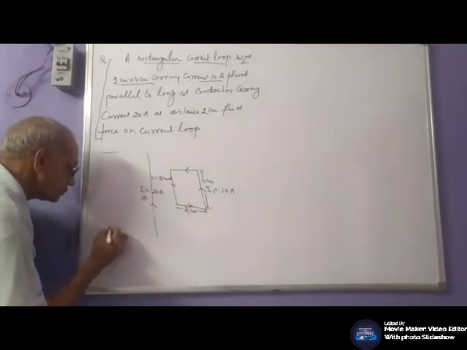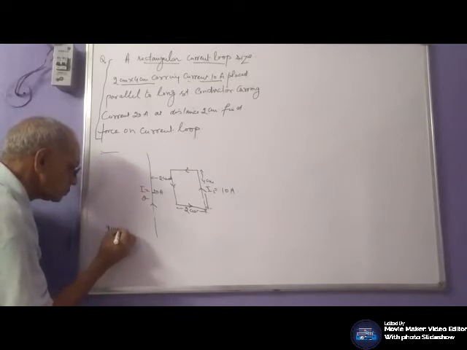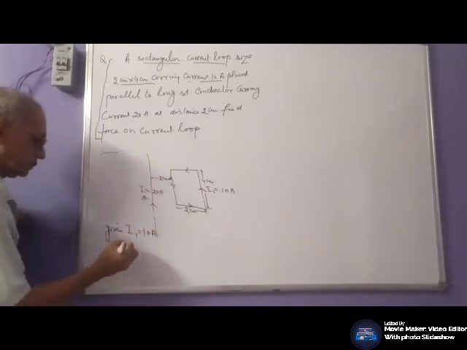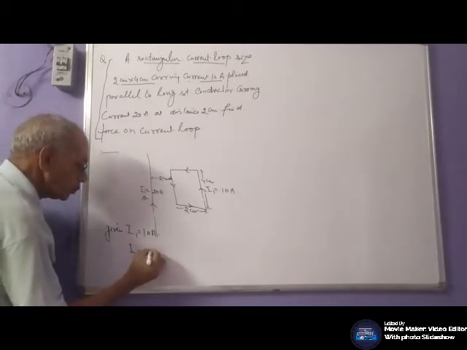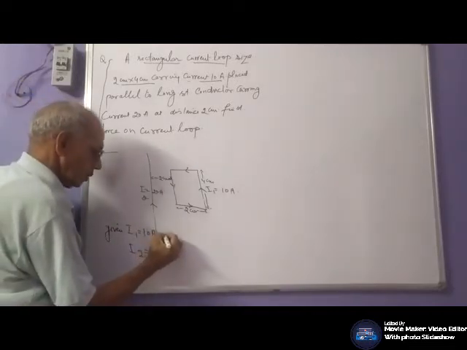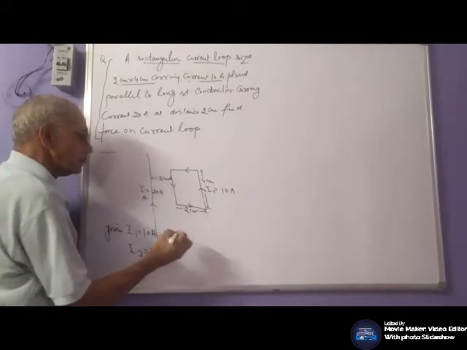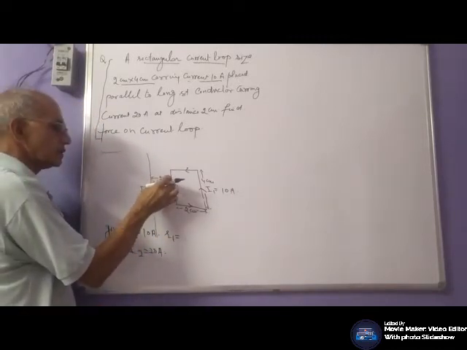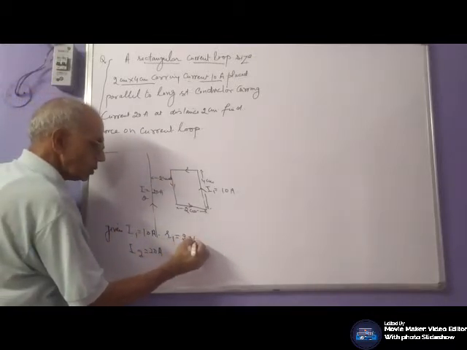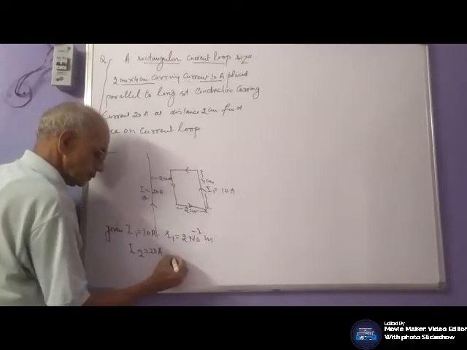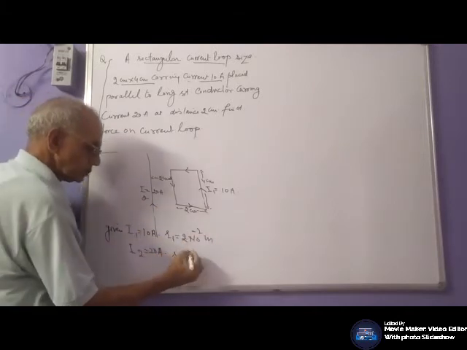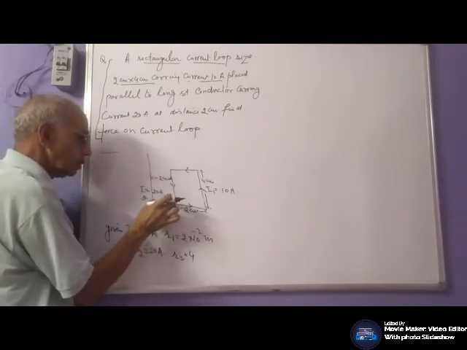Given I1 10 ampere, I2 20 ampere, R1 this size, this distance 2, 10 to the minus 2 meter, R2 this distance, it is 4.